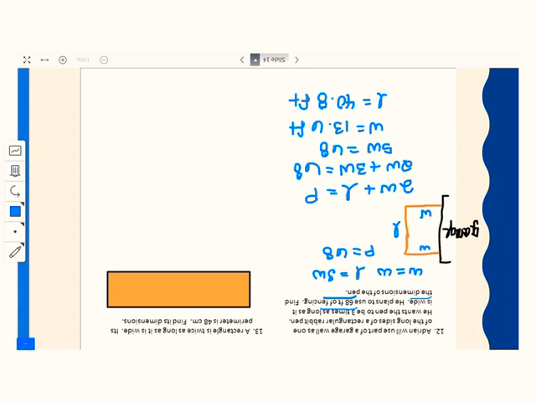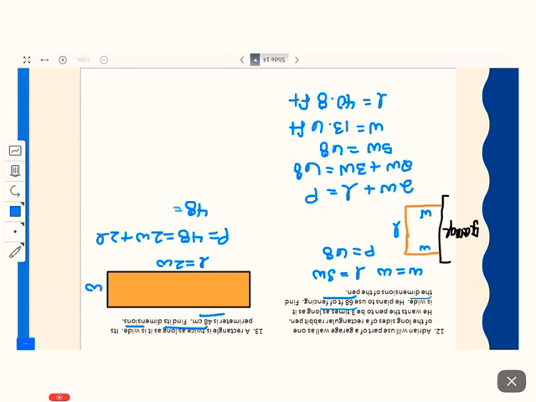Okay, a rectangle is twice as long as it is wide. So again, that means the length is twice the width. Its perimeter is 48. And we know perimeter is supposed to be 2W plus 2L. But we know L is really 2W.